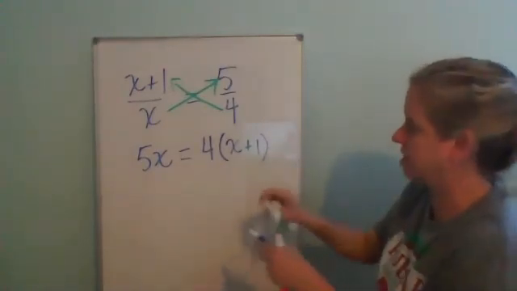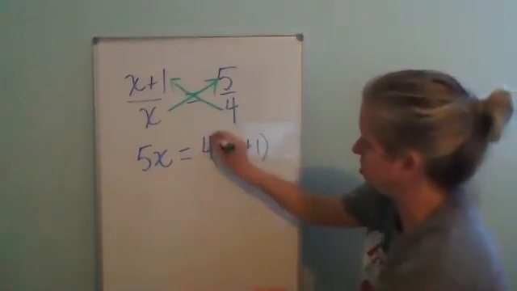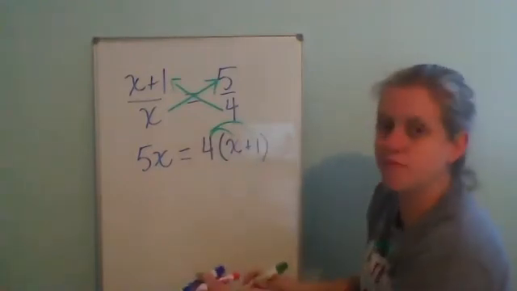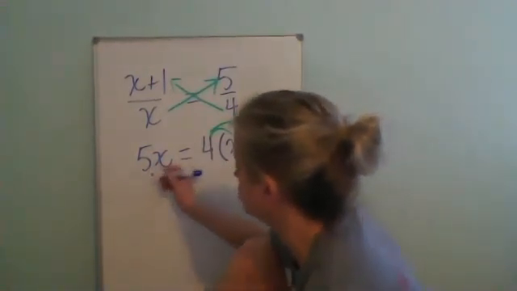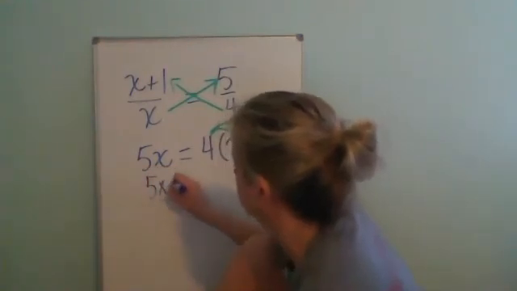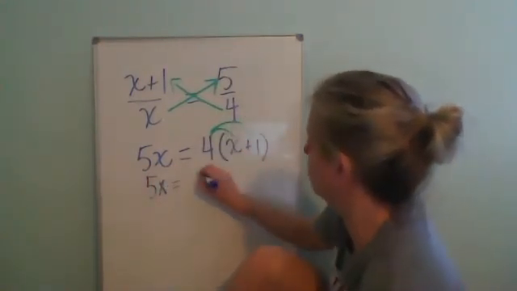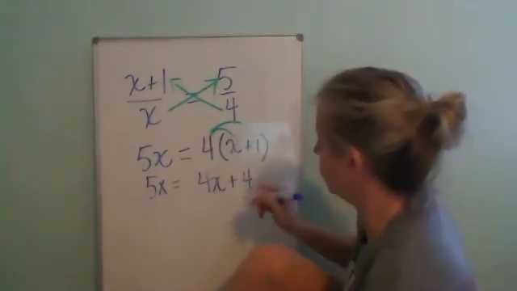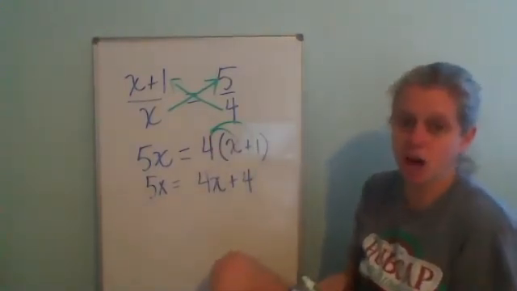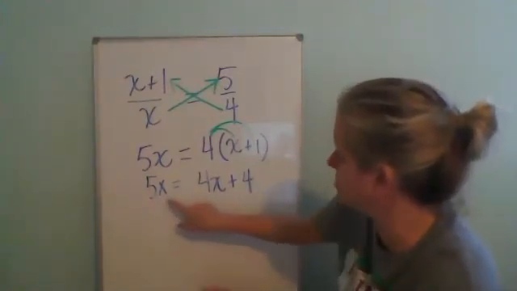So now, I want to make sure the 4 goes to everything up there. So I'm going to distribute that 4. I'll just drop down this 5x equals 4x plus 4 times 1 is 4. And then solve it for x. I've got x's on both sides.